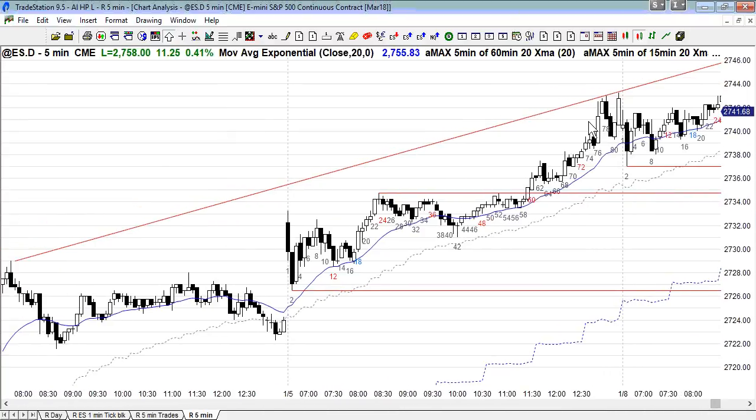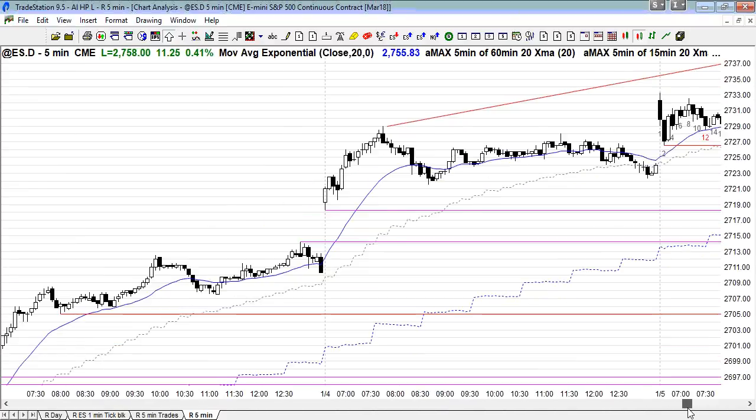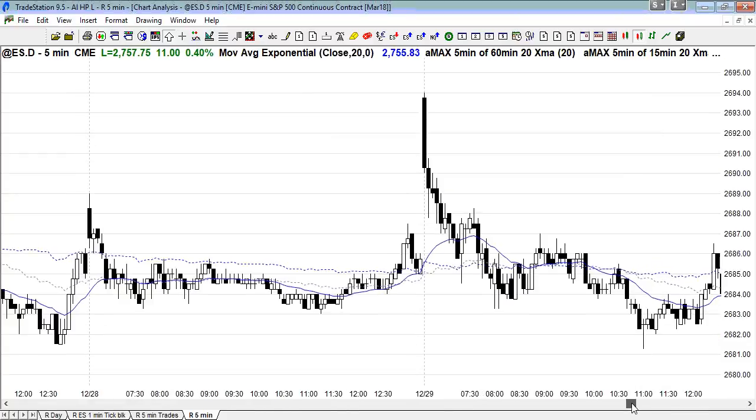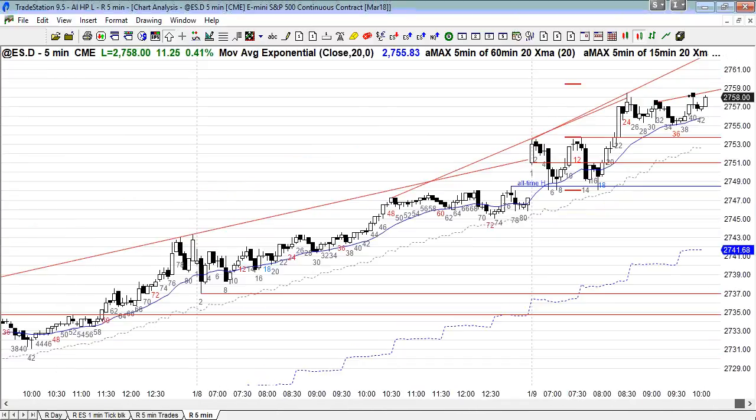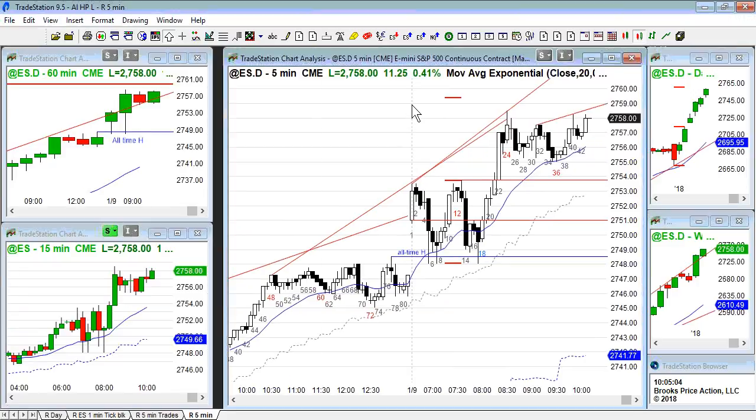And the bulls want a channel up. A lot of times when you get a wedge rally after a pullback, you get a double top.